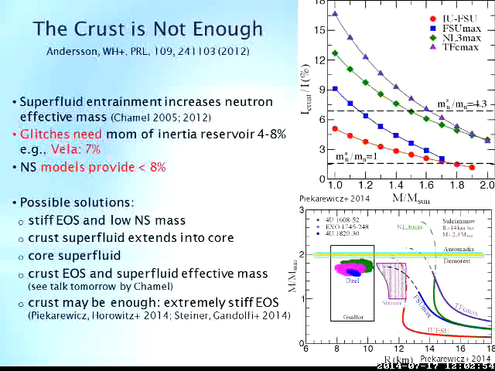So the 7% for Vela, you can get that for even a 1.5 solar mass. However, this is their mass-radius plot of these equations of state, and they're obviously much bigger in radius too. So I'll leave it up to you to hash out whether that's a good solution or not.